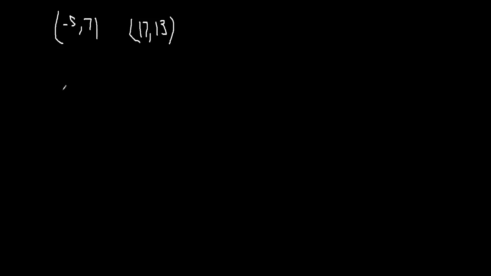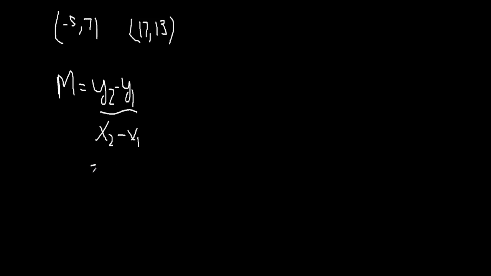So we're going to use our formula m equals y2 minus y1 over x2 minus x1 again. So if you just write that out here, y2 minus y1 over x2 minus x1.